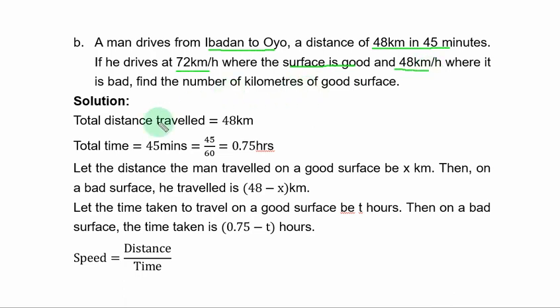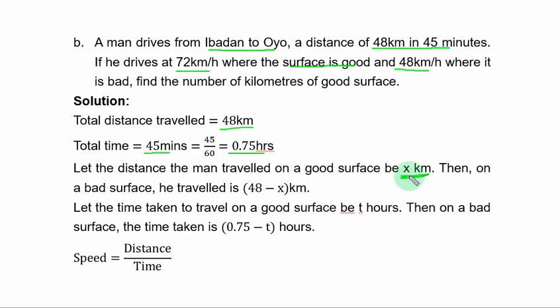Solution: total distance traveled is 48 kilometers. The time is 45 minutes. Expressed in hours, you divide it by 60 and you have 0.75 hours.